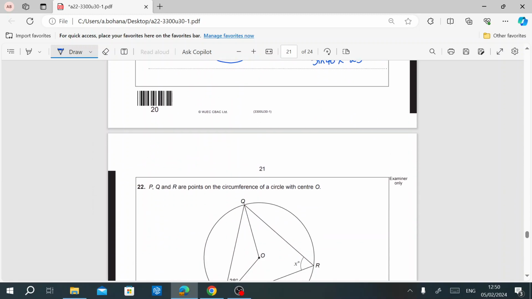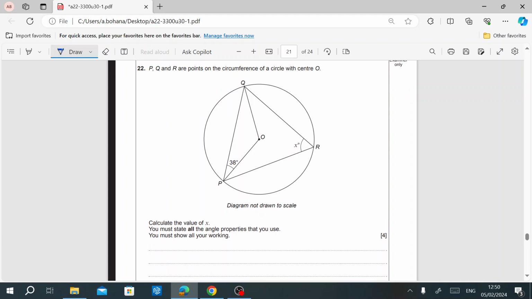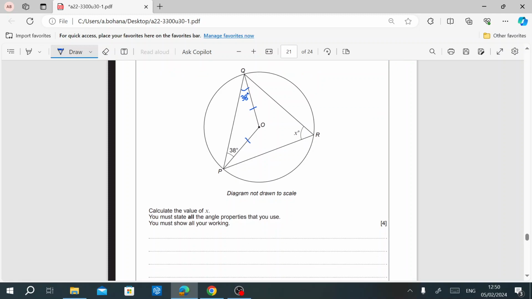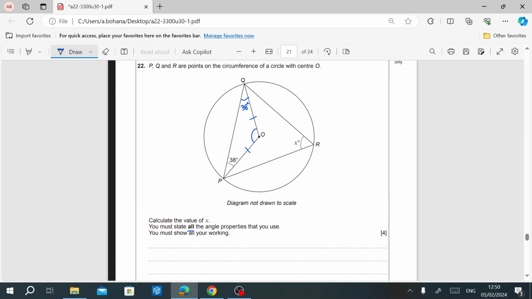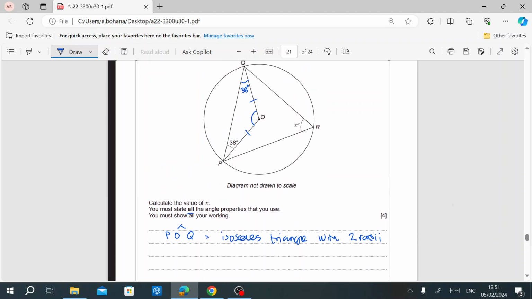And then circle theorem. Okay, so with the circle theorem, two radii make an isosceles triangle, so that's 38. Find out what that one there is. So you must state all the angle properties. Okay, so POQ is an isosceles triangle with two radii, because two radii make an isosceles, okay?